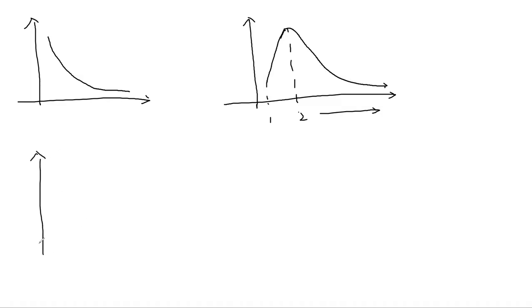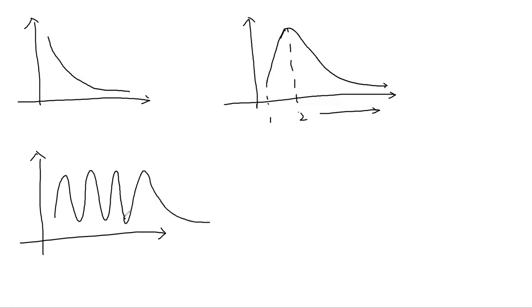Even if you have some oscillations before, it doesn't matter how oscillatory at the beginning, as long as after a finite number it stops oscillating and starts decreasing, then you can always use the integral test.